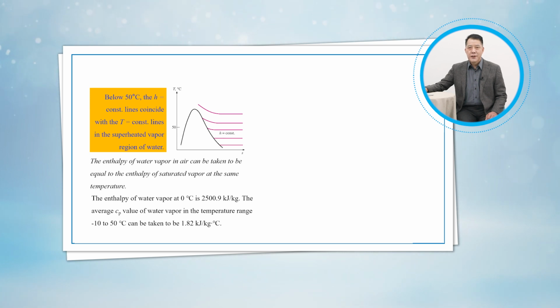The average Cp value of water vapor in the temperature range -10 to 50 degrees centigrade can be taken to be 1.82 kJ per kilogram degree centigrade.